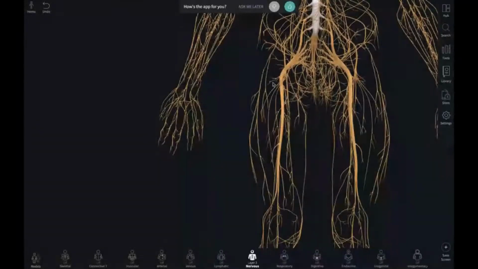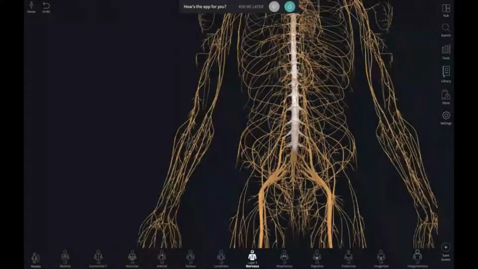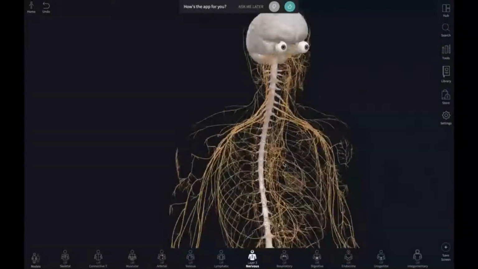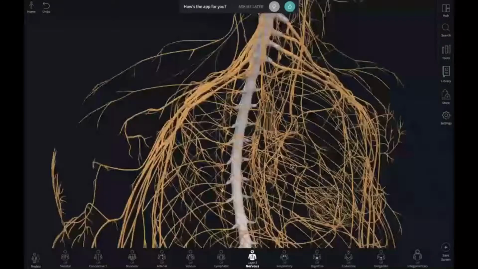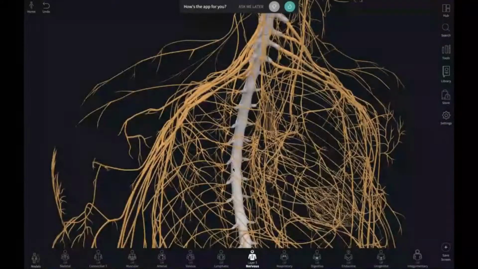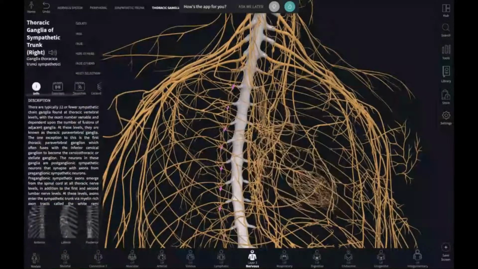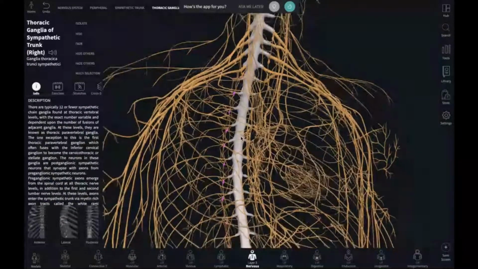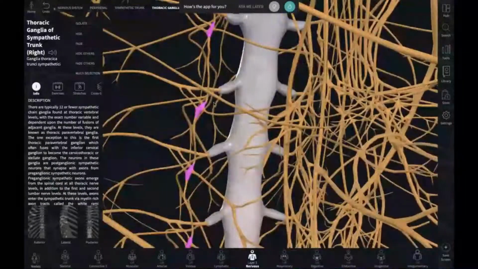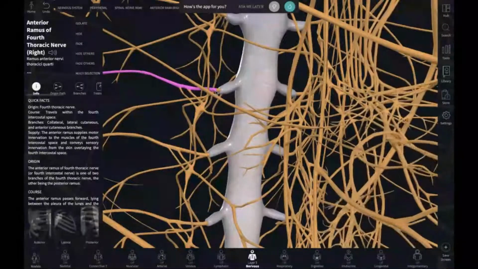But I would like to show you the ganglions. Yes, coming to the ganglions of the sympathetic and parasympathetic, as I told you, these sympathetics are derived from the thoracolumbar outflow region. Okay, so these are the ganglions. If you look closely at this ganglion, this is a fourth thoracic nerve.